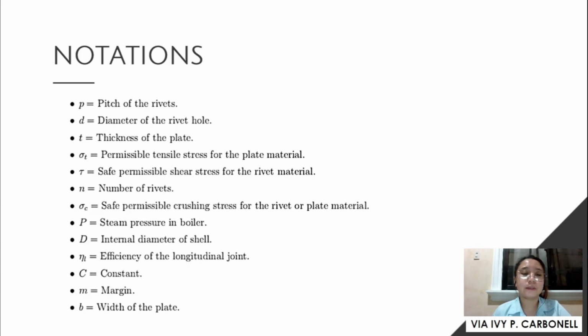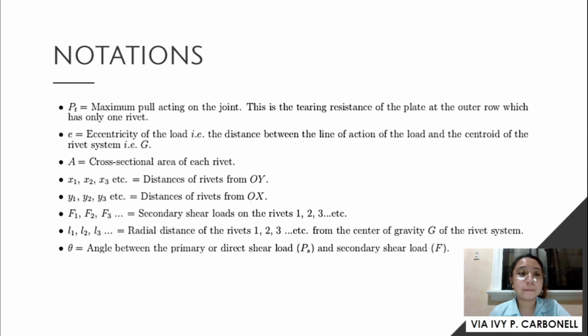Small letter m for the margin, small letter b for the width of the plate, Pt for the maximum pull acting on the joint. This is the tearing resistance of the plate at the outer row, which has only one rivet.